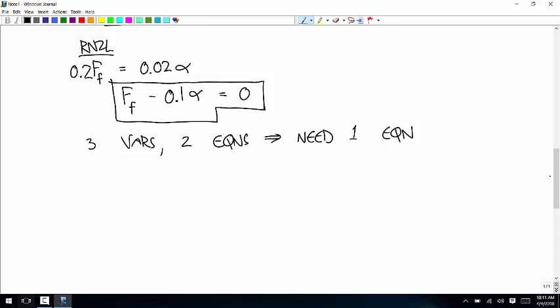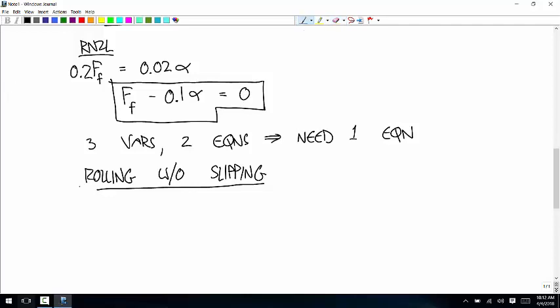Right, the quiz. Okay, so the equation we need is for rolling without slipping. And that says that, I've given that with a couple of different forms.